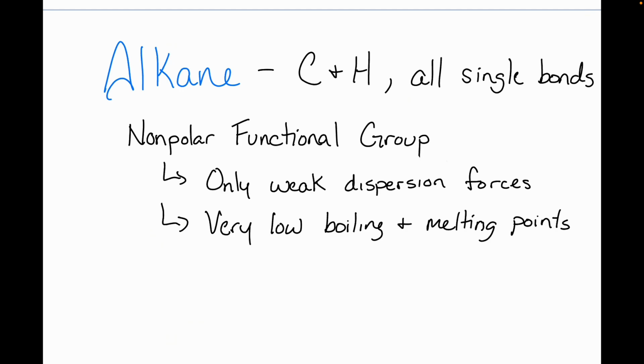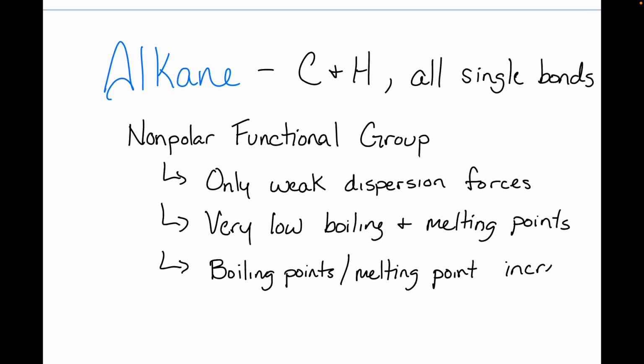And so what we see is a trend where boiling points and melting points increase with increasing chain length. Larger alkanes, just by virtue of having more surface area, are able to form slightly stronger dispersion forces with their neighbors than the smaller alkanes.